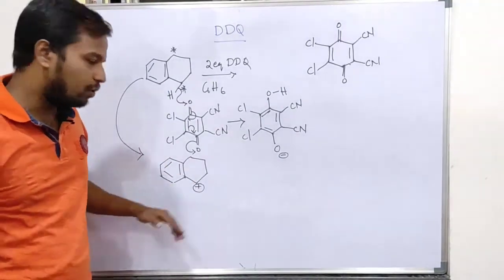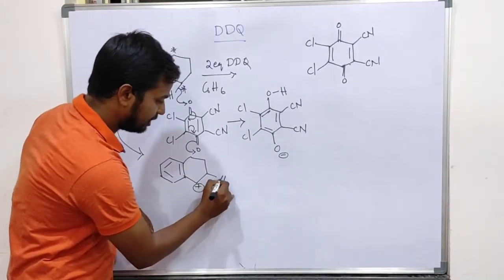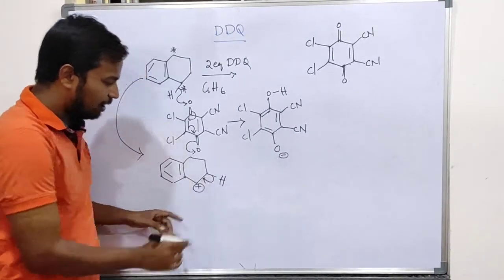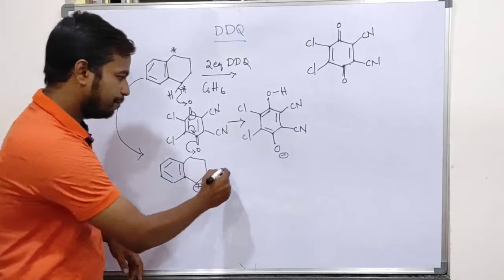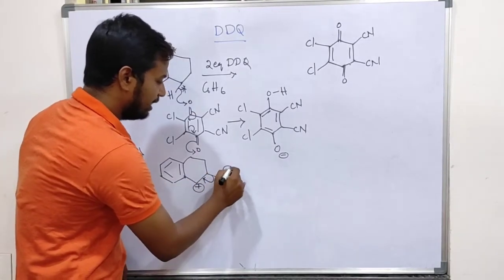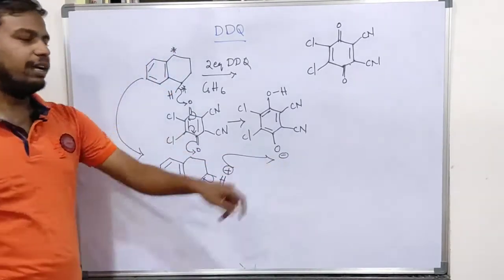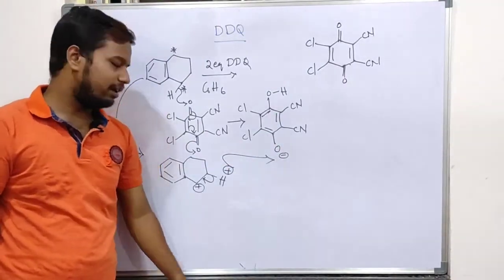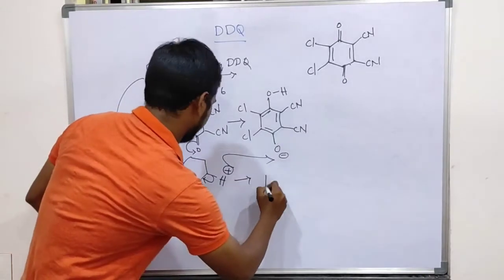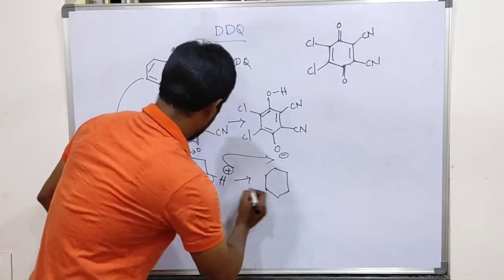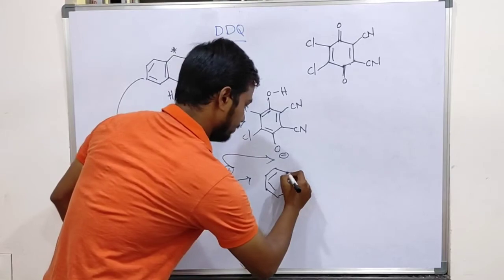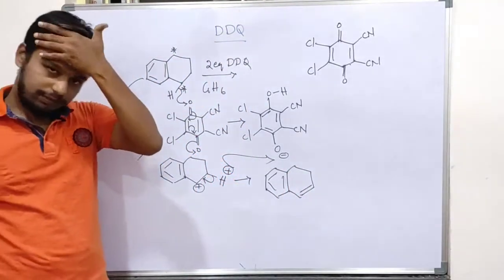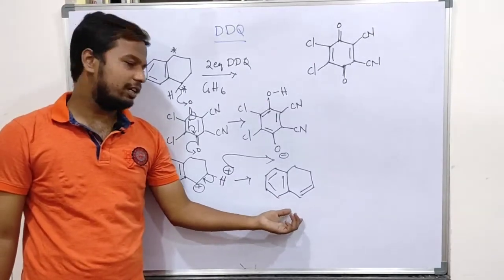So it readily undergoes a dehydrogenation reaction. The sigma electrons shift here, and the proton which is eliminated will be abstracted by DDQ, that is this skeleton. It will move there, resulting in the formation of a double bond here. So this is about the dehydrogenation reaction.